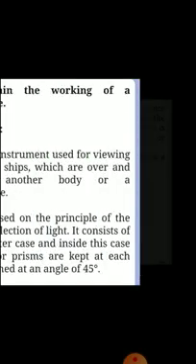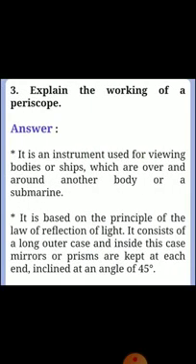Next, third question: explain the working of a periscope. பார்க்கலாமா ஆன்சர்? It is an instrument used for viewing bodies or ships which are over and around another body or a submarine. It is based on the principle of the law of reflection of light. It consists of a long outer case and inside this case mirrors or prisms are kept at each end inclined at an angle of 45 degrees.